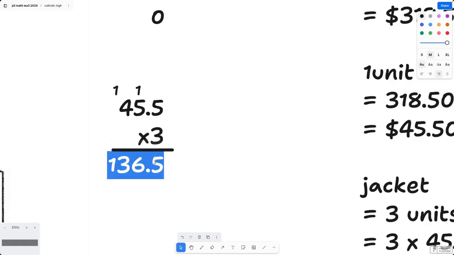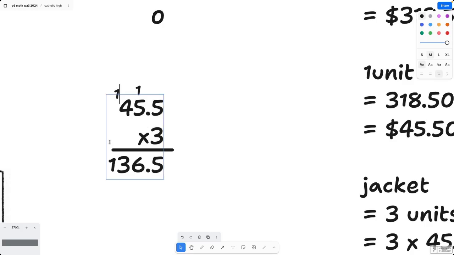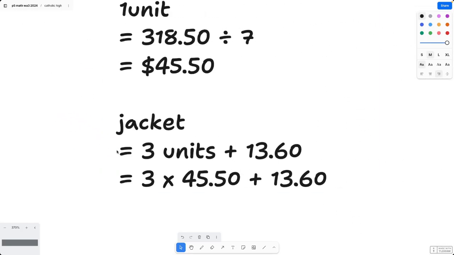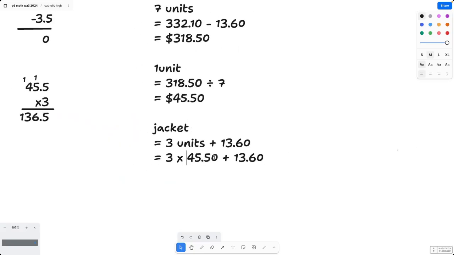So 5 times 3 will be 15. Put 1 at the top over here. So 6. 4 times 3 is 12 plus 1 will be 13. So $136.50 plus 13.6.